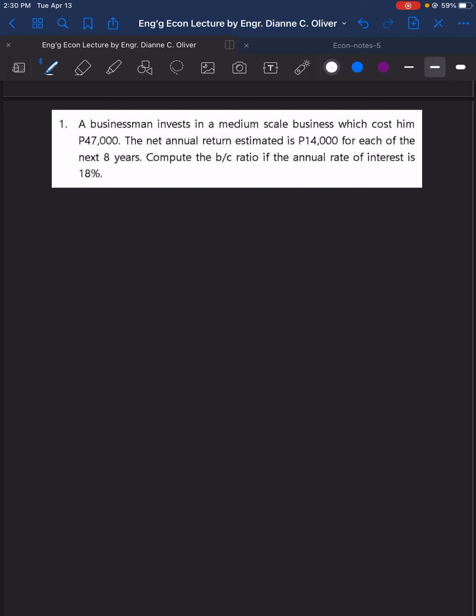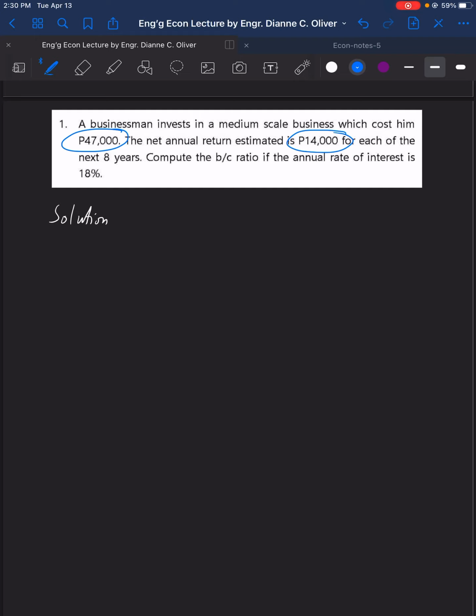So what we will consider here is, so we have the solution. The benefit cost ratio is the benefit over the cost. But if you notice, the cost is in present worth and the benefit is in annual worth.